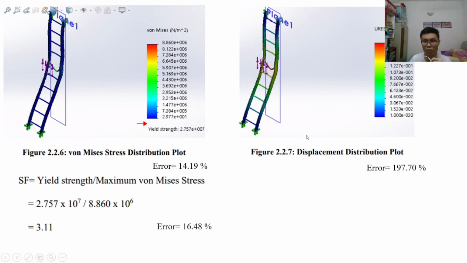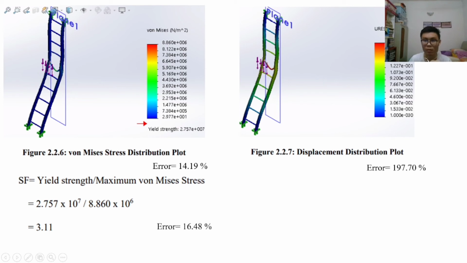For the maximum displacement, shown in figure 2.2.7, we can see that the highest displacement or deflection happens in the middle of the beam of the step of the ladder, which is here.